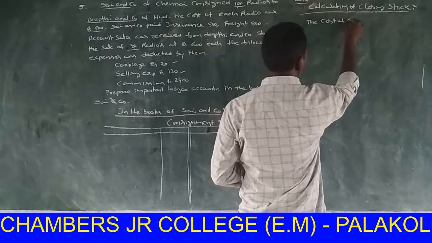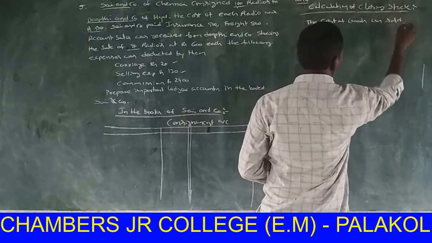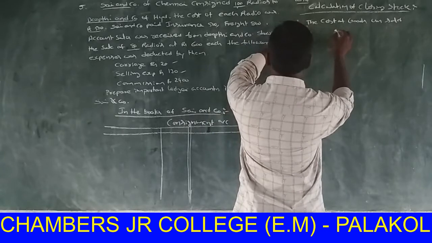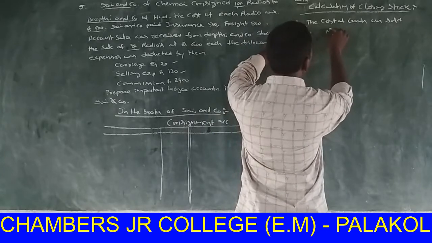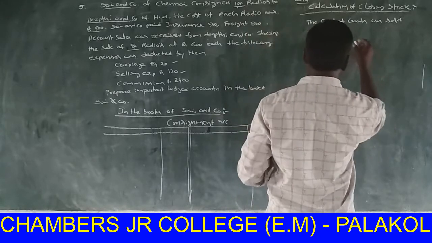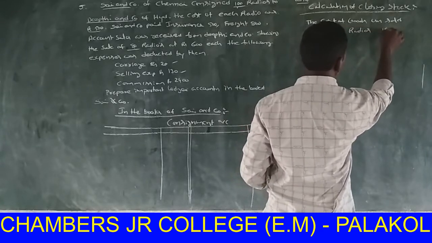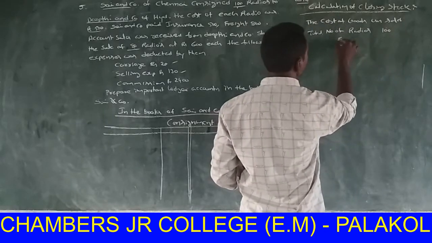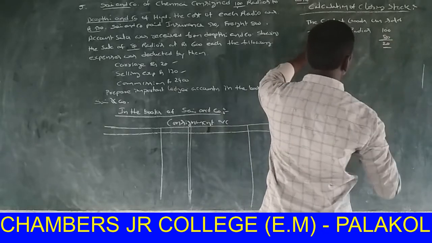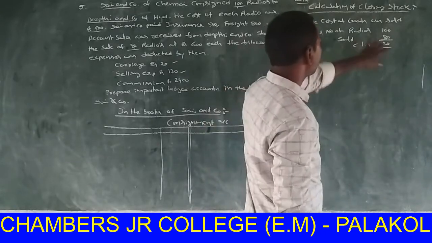The total number of radios the consignor sent to the consignee is 100. The consignee sold 80, 20 remaining. This is closing stock, number of radios 20.